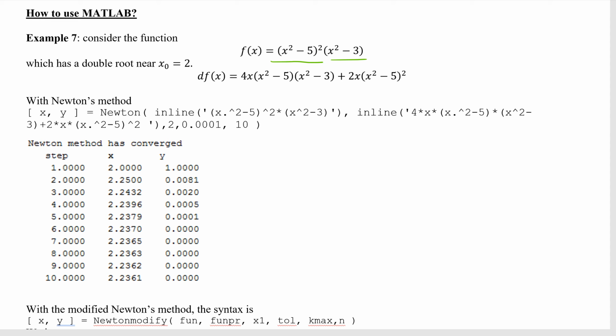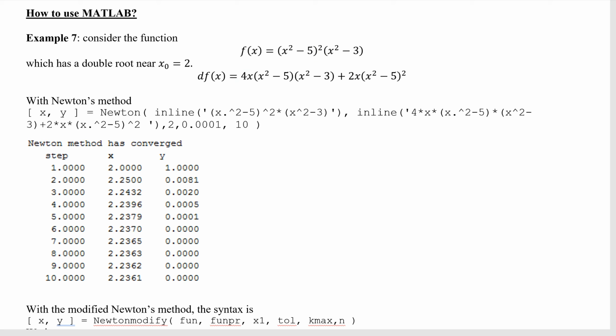Well, the derivative of the first guy, this is a chain rule, right? So 2 times x squared minus 5 times the derivative of x squared minus 5, which is 2x. That's why we have 4x here. Okay, and times the second guy plus first guy times the derivative of x squared minus 3, which is 2x. So far, so good, everybody?